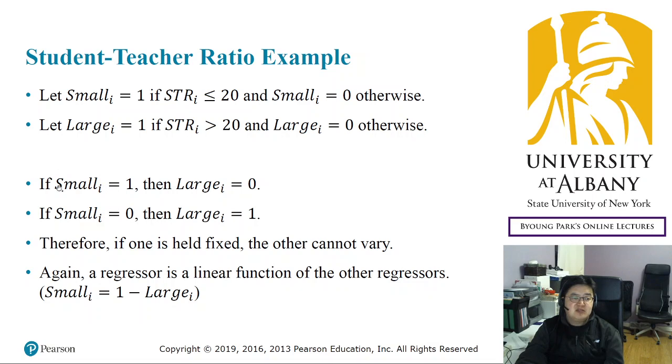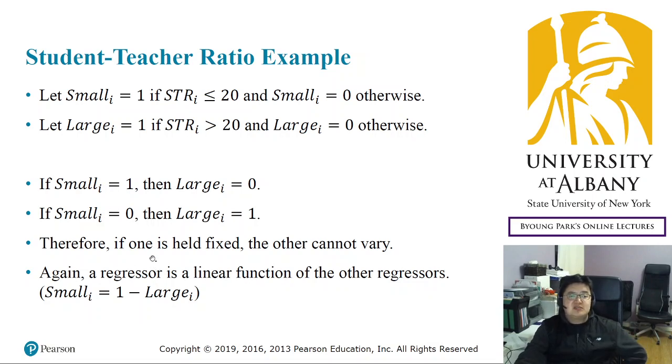If you fix the small variable at 0 or at 1, then depending on 1 or 0, the other variable is determined. And the mathematical relationship is this: small is 1 minus large, or small plus large is always 1. So they are the same thing.